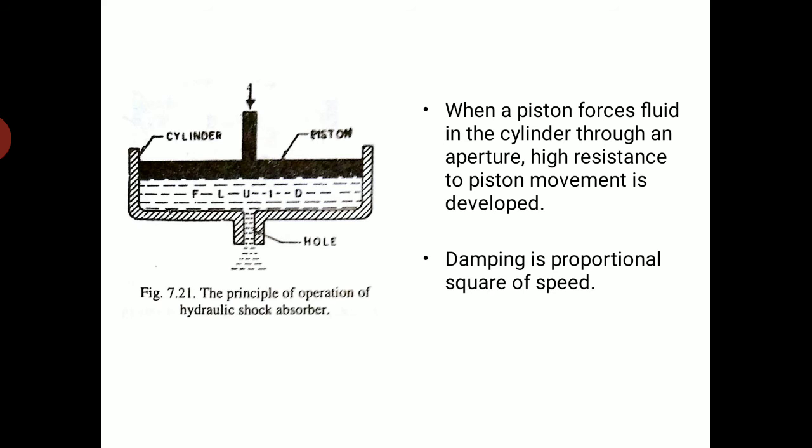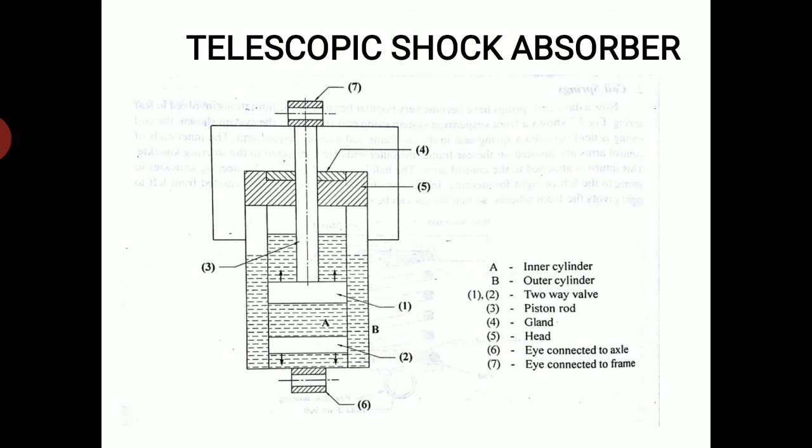The principle behind it: when the piston forces the fluid in the cylinder through an aperture, high resistance to the piston movement is developed. So damping is proportional to the square of the speed. This is the telescopic shock absorber. In the exam you have to draw this figure.